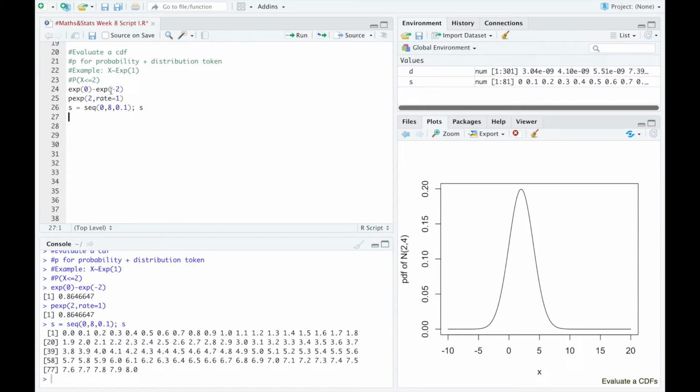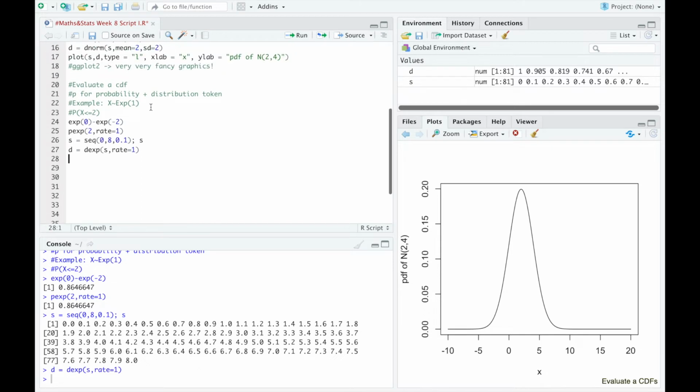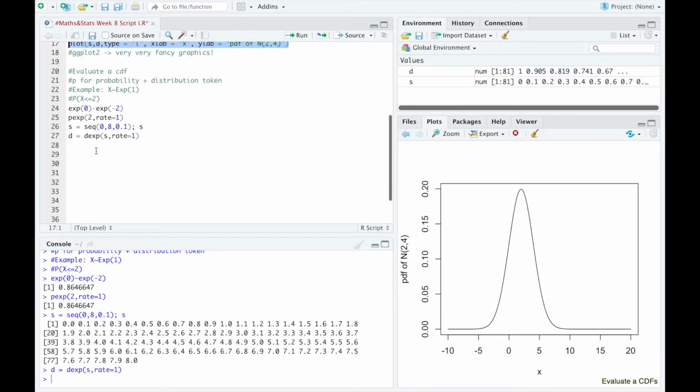Great. So now we look at the density. I define D as the density of an exponential evaluated at these points, and we've said that the rate is 1. Great. So as before, I'll just copy and paste what we've done before, right? The PDF, okay, so we're not talking about CDF, but PDF, because I've used the d here, right?